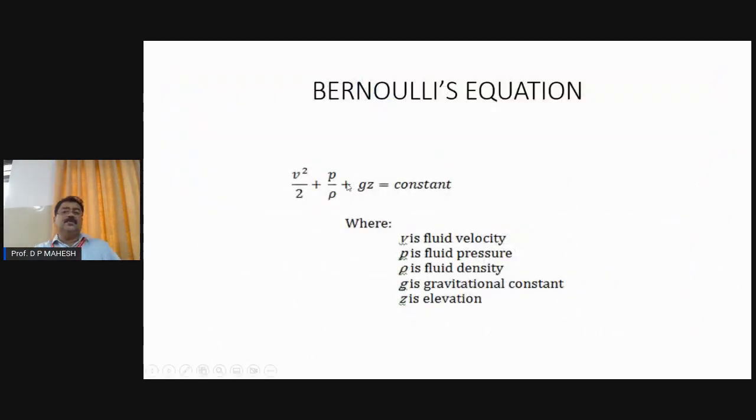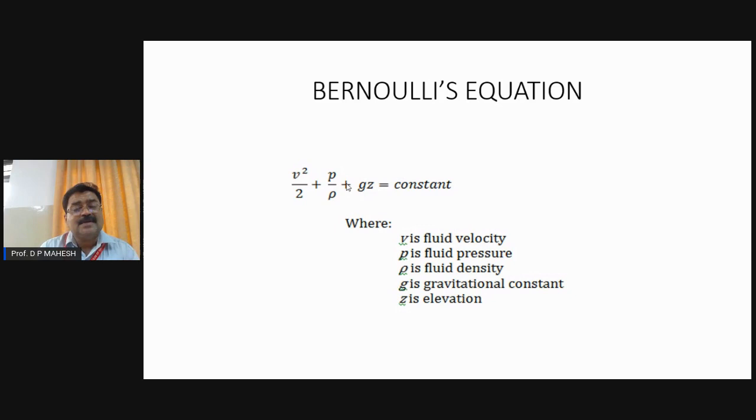Now coming to Bernoulli's equation, which is once again a very popular equation. Why and where do we use Bernoulli's equation? The flowing liquid possesses some amount of energy, and the flow of liquid is due to that energy. The energy will not be consistent in the pipe at every section. The energy keeps on dissipating in the flowing direction.